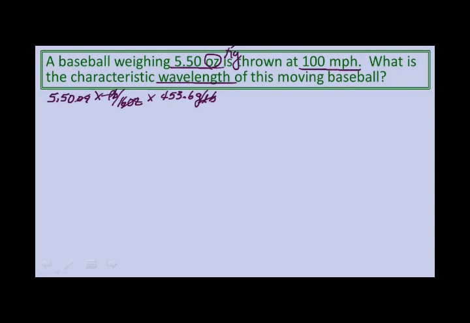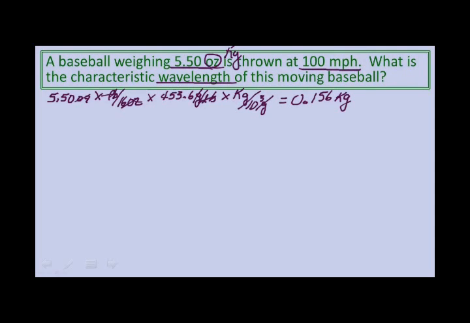Now I've got to have it in kilograms, so I know that in a kilogram there are 10 to the third grams. So my kilograms are going to cancel. Now my grams are going to cancel. You have to listen to what I mean, not what I say sometimes. And that's going to get me to kilograms. And when I do the calculations, I come out with 0.156 kilograms. You may want to pause this and see if I'm right.